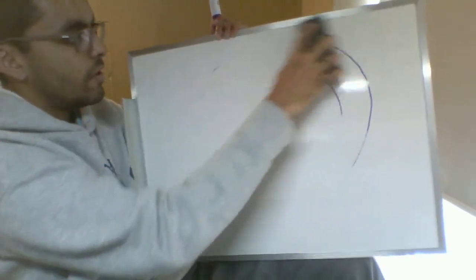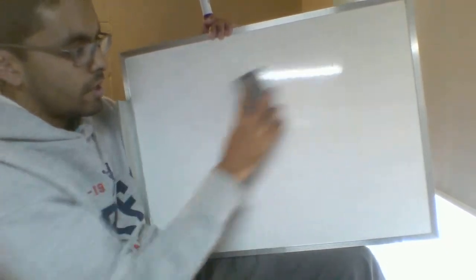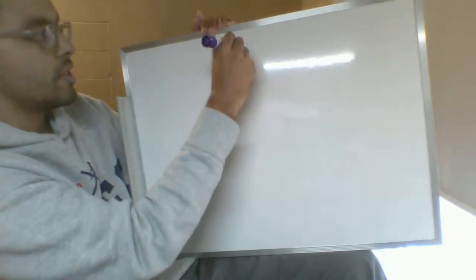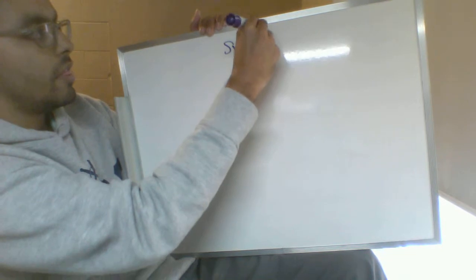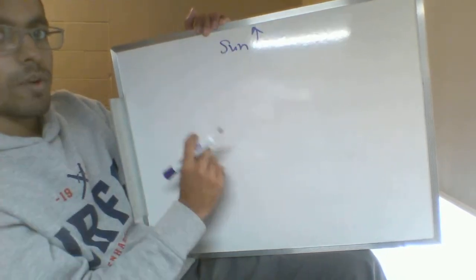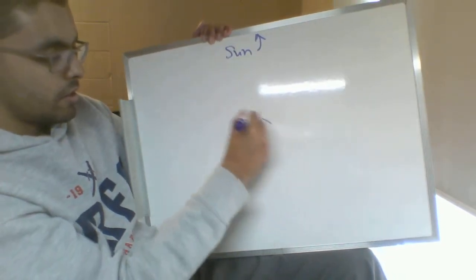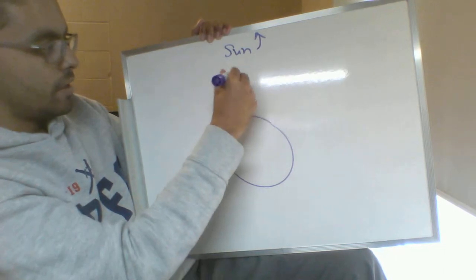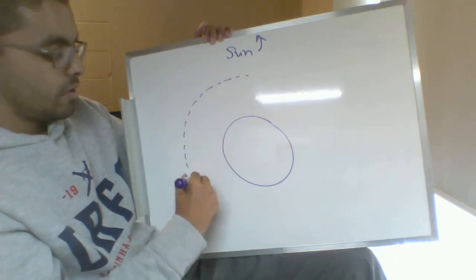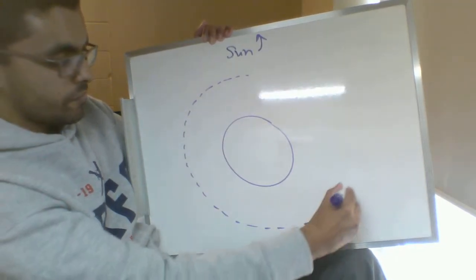So let's ignore the sun. We'll just indicate the direction the sun is. So we'll say the sun is somewhere in that direction off the whiteboard. And we've got the Earth here and the orbit of the moon around the Earth.